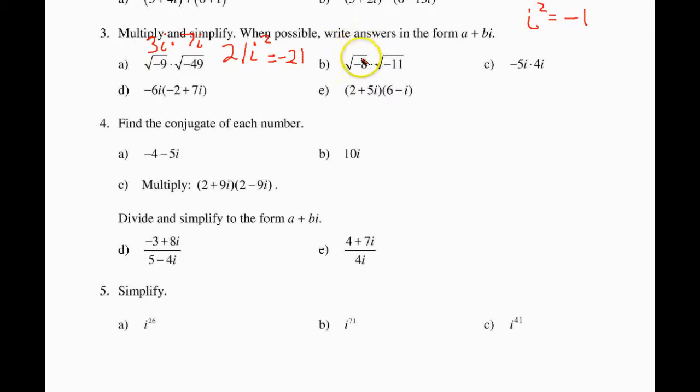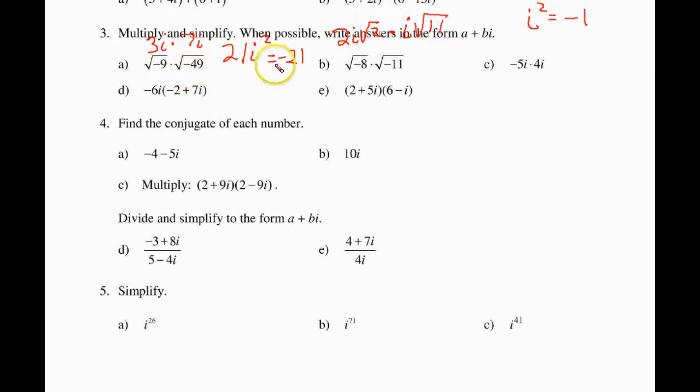You have to convert it this way, and the i squared changes the sign from a positive to a negative. So let's do this one. This is going to be the square root of 4 times the square root of 2. So this is going to be 2i times the square root of 2. We have to use some of our other things. And this is going to be times i, the square root of 11.